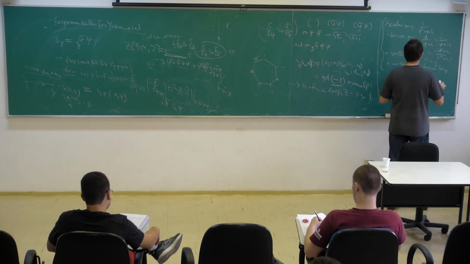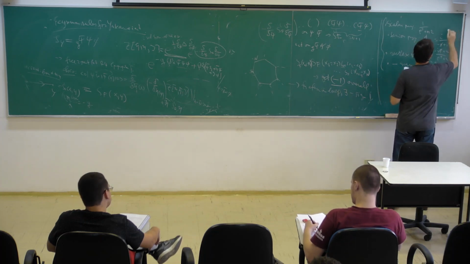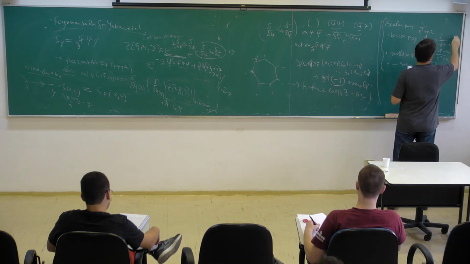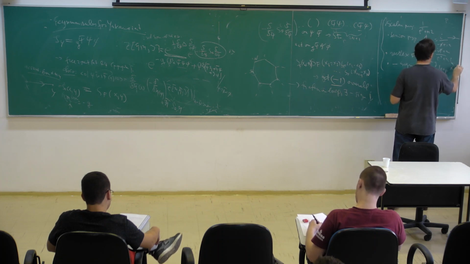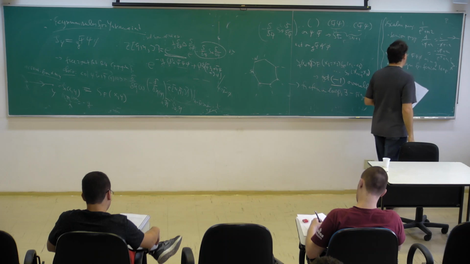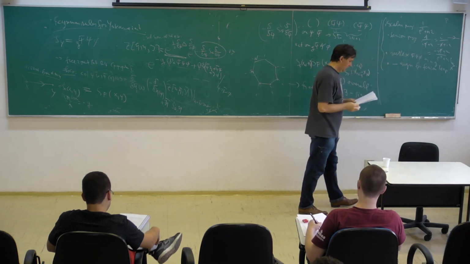So just let's say this would be the scalar, and then this is a fermion, and this is a vertex. What else?